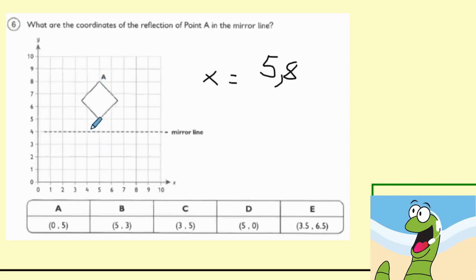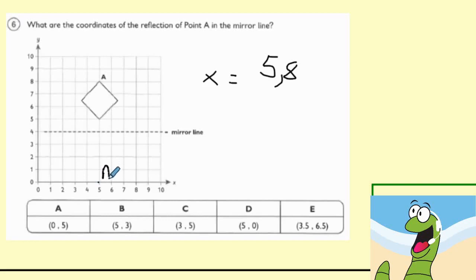But we need to work out from the mirror line how far away A is, so that we can know on the Y coordinate where it would be. Well, let's count the squares. 1, 2, 3, 4. So A is 4 up here, so we need to count 1, 2, 3, 4.